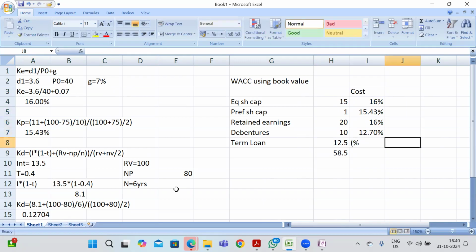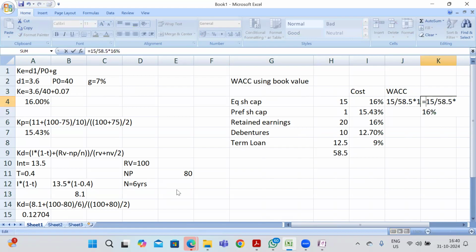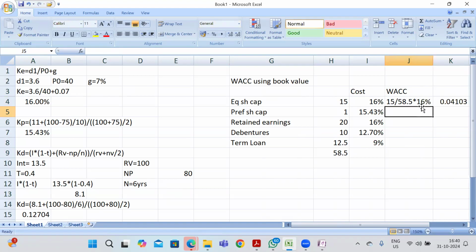So my WACC is equal to 15 divided by 58.5 into 16%. So that is 4.10.